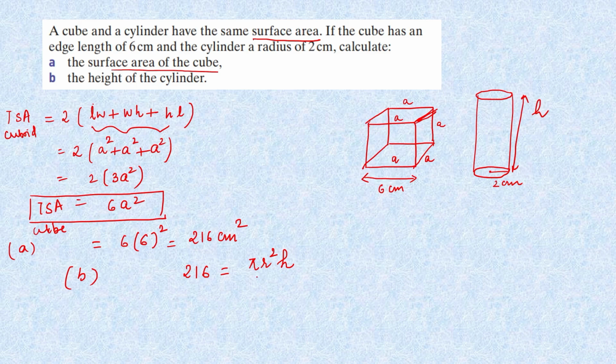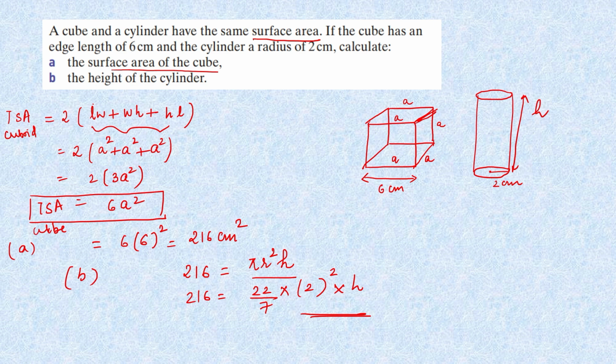We'll just equate it. 216 is equal to 22 upon 7 into, we know the radius is 2, into h. Now from here you can find out the value of h.